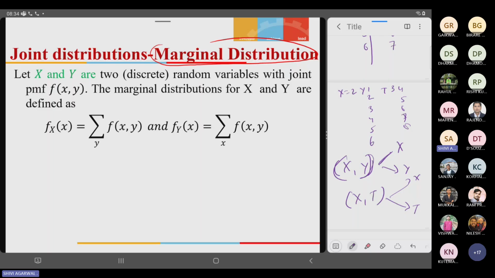Similarly for y alone, there is no impact of x. So these are two different random variables, and we try to find out first the pdf, the cdf, the mean, and so on, as in chapter 3 and chapter 4. This is known as the projection from two-dimensional to one-dimensional.